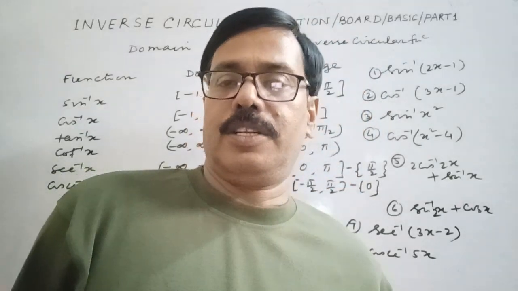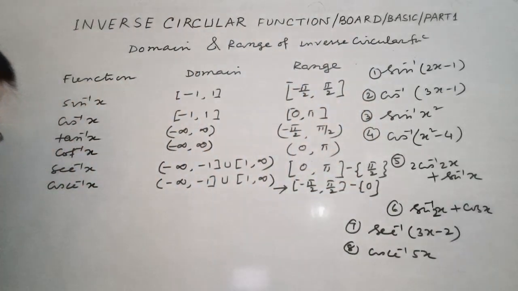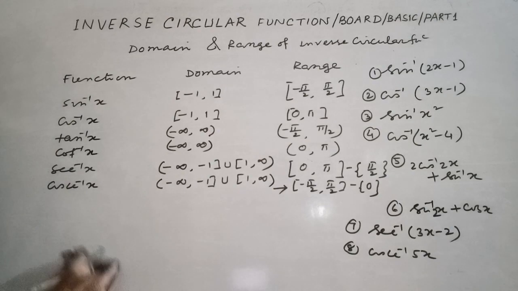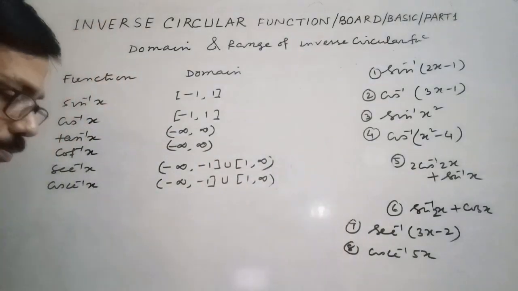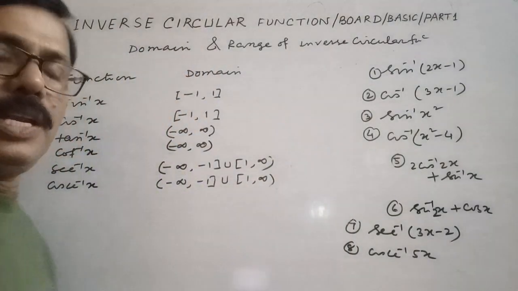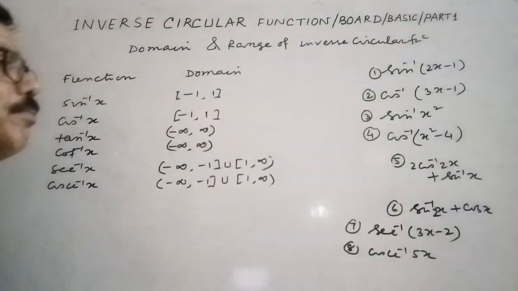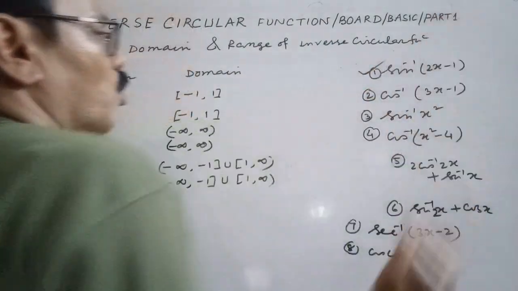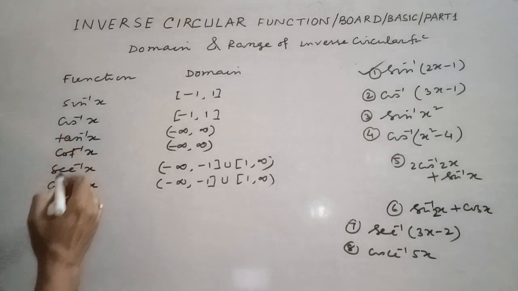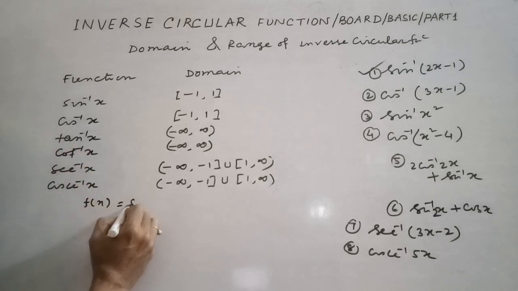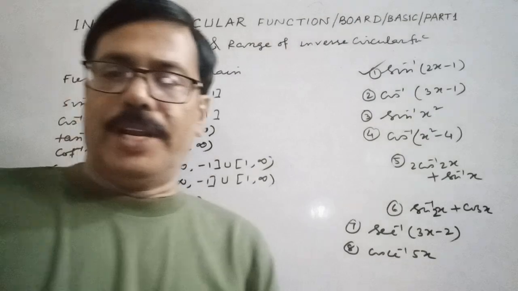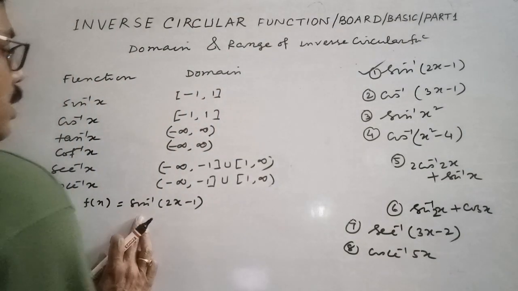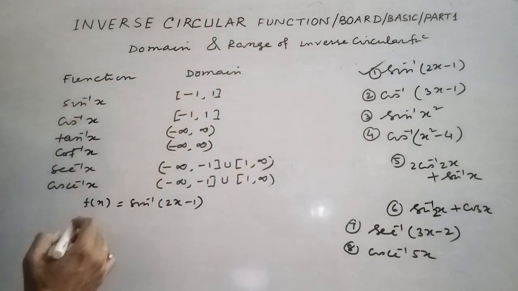The domain is the value of x for which the function is defined, so you should remember this table. We are finding the domain. If the argument is linear, then it is very, very simple. Suppose number 1: f(x) equals sine inverse of 2x minus 1. What is the domain? For sine inverse, the argument lies between minus 1 and plus 1.